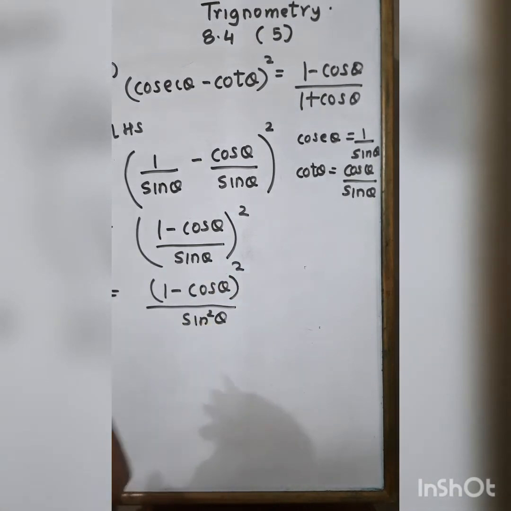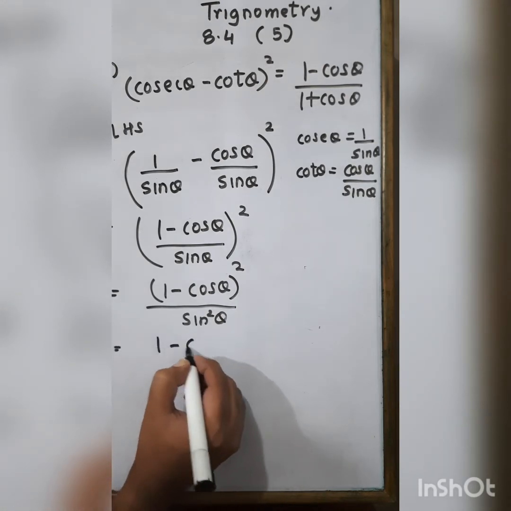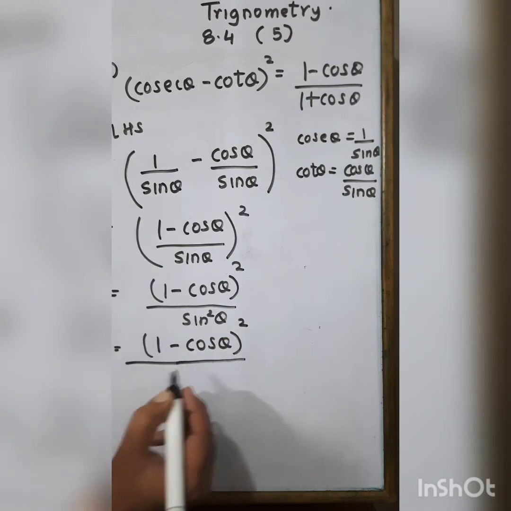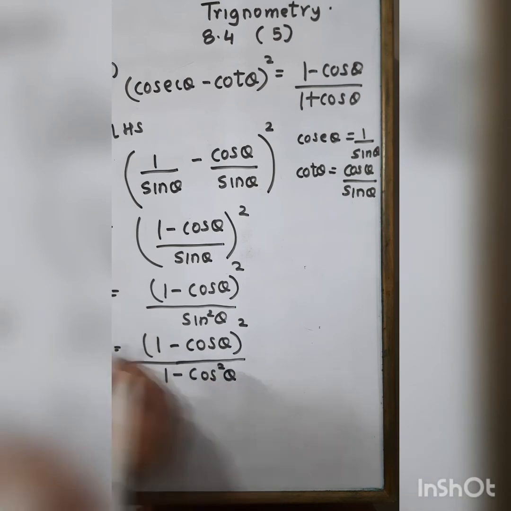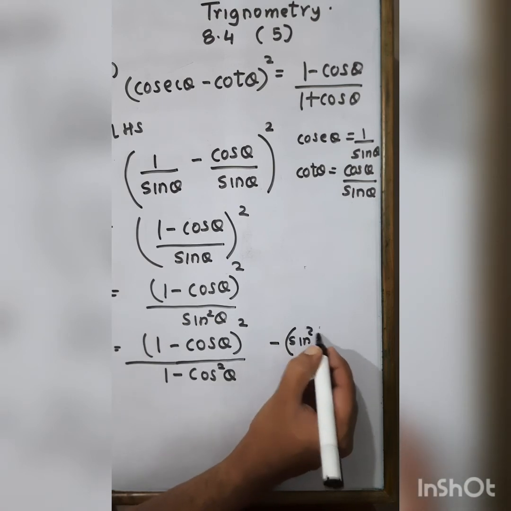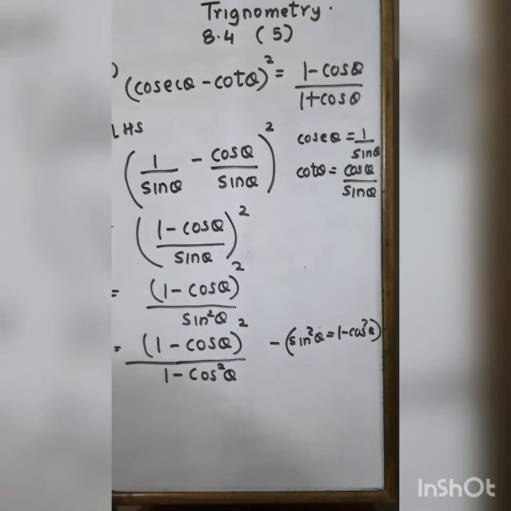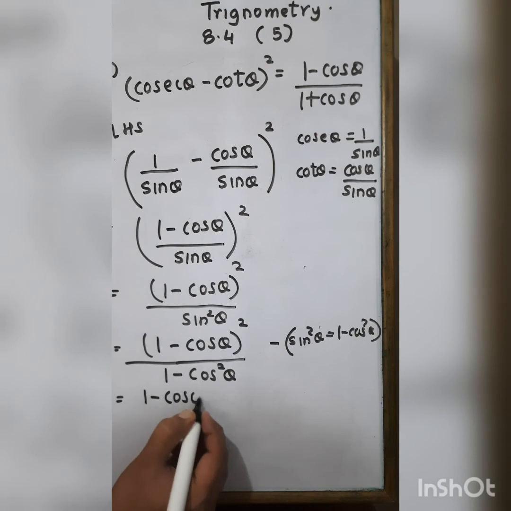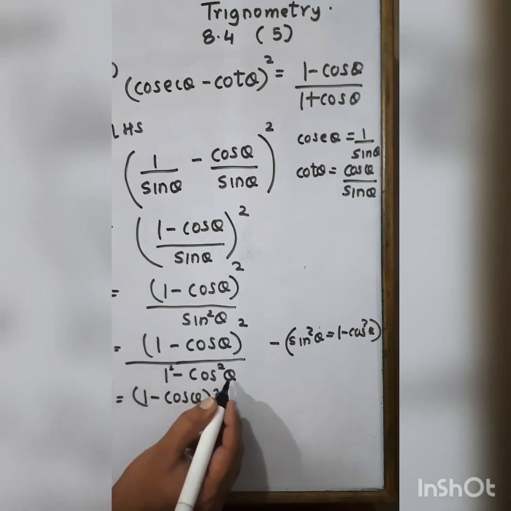Now you know, with the help of an identity, I can convert sin square theta into cos square theta. So I can write this as 1 minus cos theta the whole square, divided by 1 minus cos square theta. Here I will write the identity: sin square theta is equal to 1 minus cos square theta. Wherever I am using the identity, I should write it. Now the denominator is 1 square minus cos square theta, so a square minus b square.